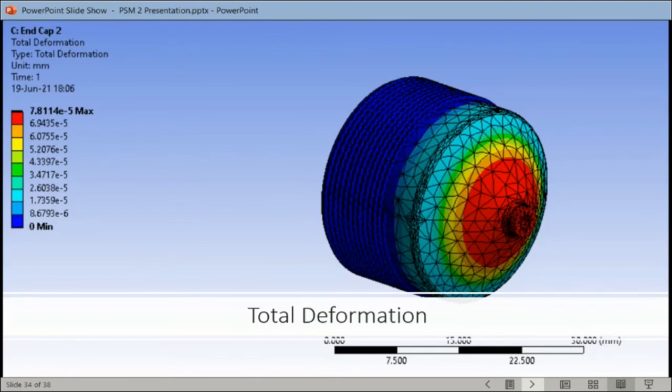The smallest deformation occurs at the part right after the thread location, which is 8.6 times 10 to the power of negative 6 millimeter, which experiences less force due to a bigger diameter size, and it is the closest part to the fixed support.